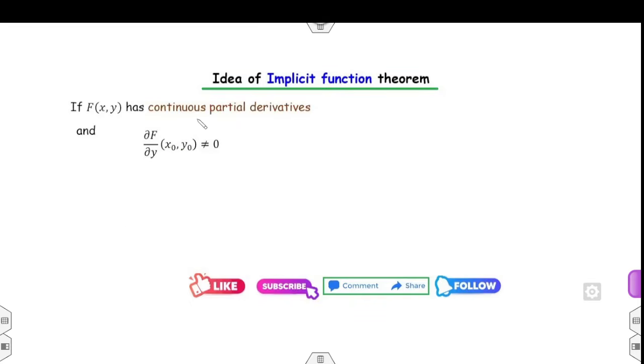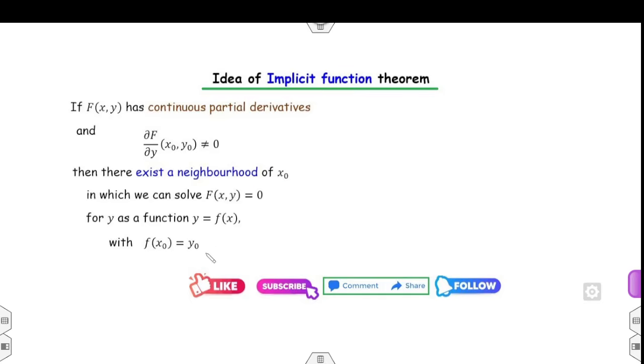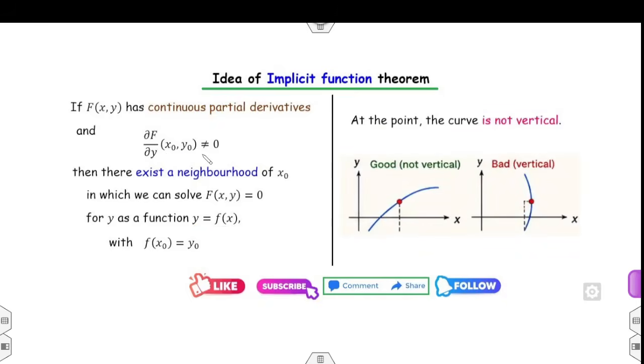If f has continuous partial derivatives and the partial derivative of f with respect to y at the given point is non-zero, then there exists a neighborhood of x naught where you can write y as a function of x. This means you can transfer implicit to explicit about the point, provided the partial derivative is non-zero.